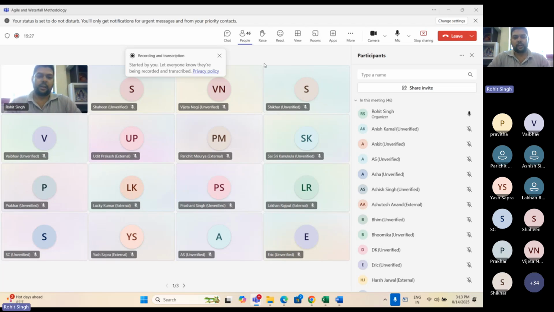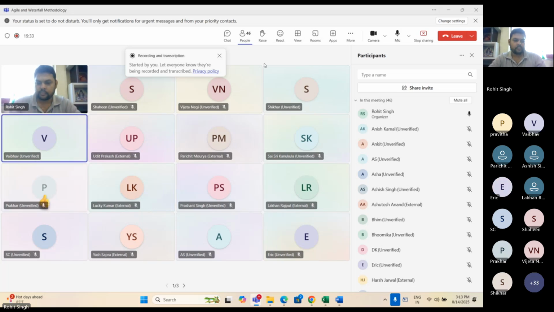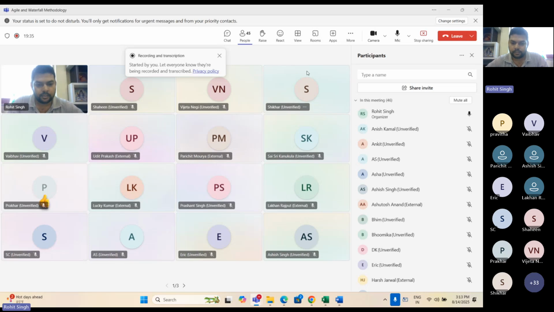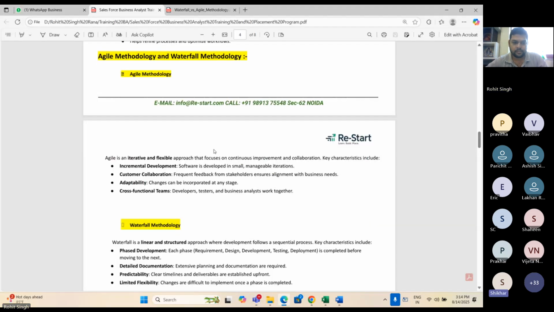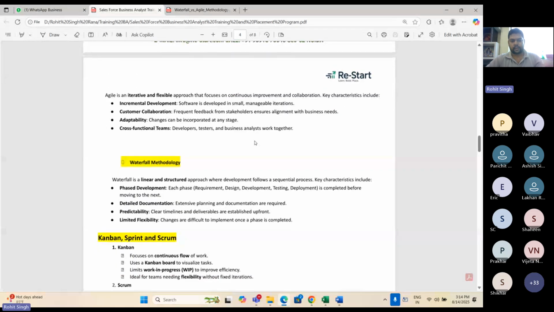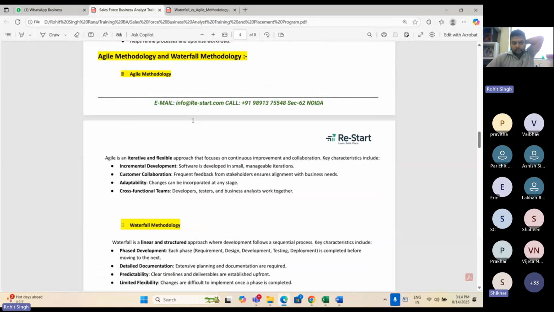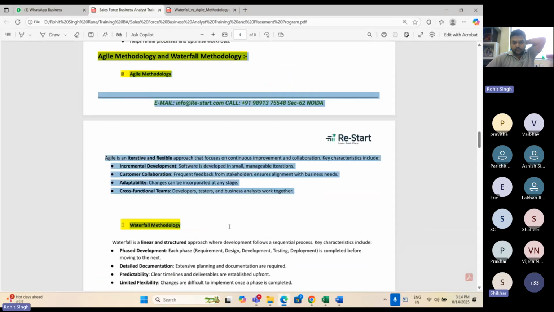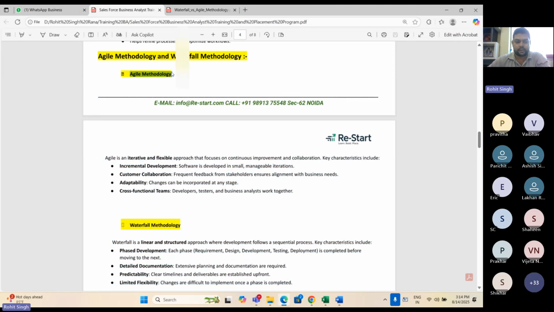Okay. Prakhar and all, any question, any doubt? No, Rohit. Okay. Shikhar bhai, can you hear me? Yes. Okay. Shikhar bhai, I would really appreciate it if you can read this for us. Agile and waterfall methodology and agile methodology from here.